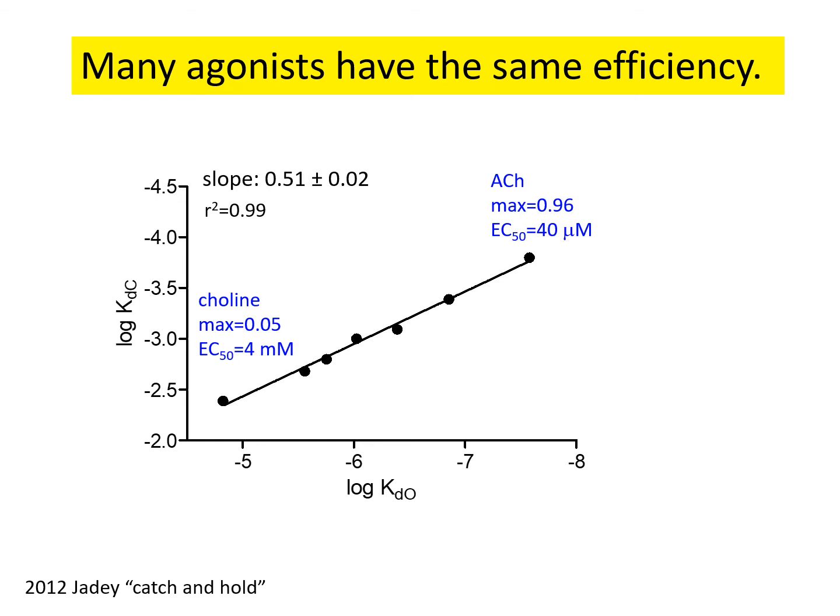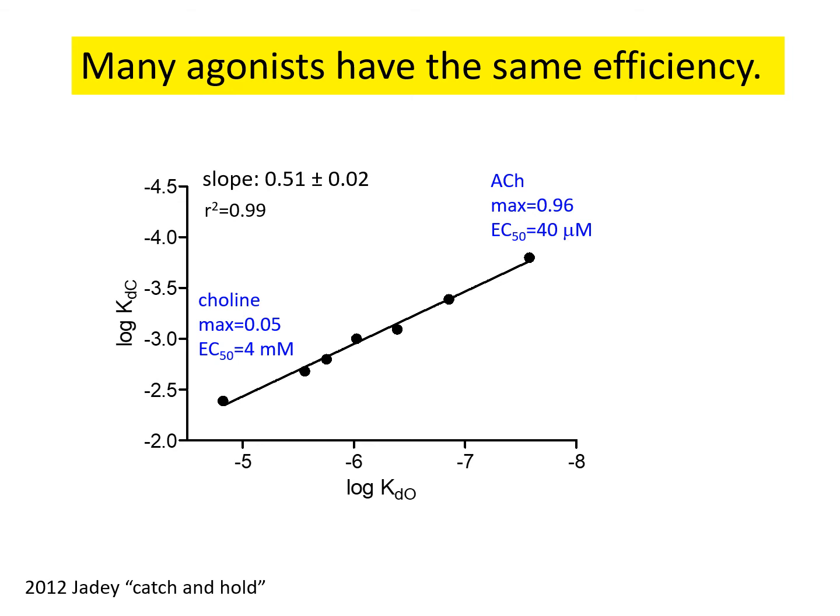So the rightmost point is for acetylcholine, which has a maximum of 0.96 PO, and choline, on the other hand, is a very weak agonist, only 0.05 is the maximum that you get out of choline. So regardless of affinity or efficacy, the binding energy doubles.